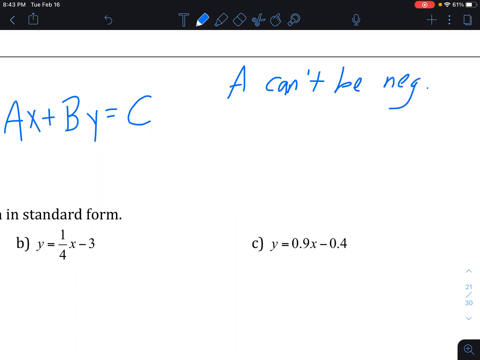I apologize for my sloppy handwriting using this stylus. Another rule about standard form is there can be no decimals, and there can be no fractions.